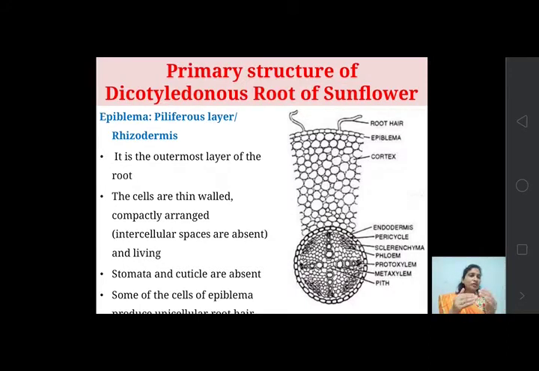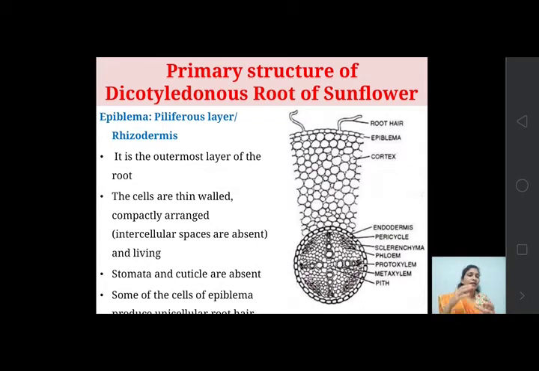Inside the endodermis there is again a single layered membrane, known as the pericycle. Inside the pericycle there are vascular bundles in the form of xylem and phloem. The xylem and phloem are present on different radii.